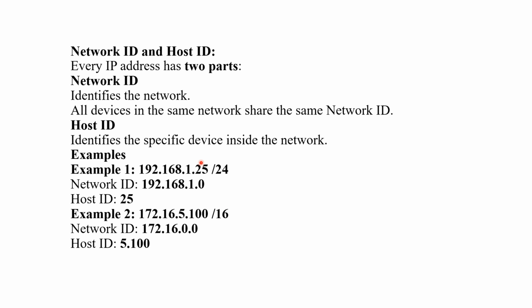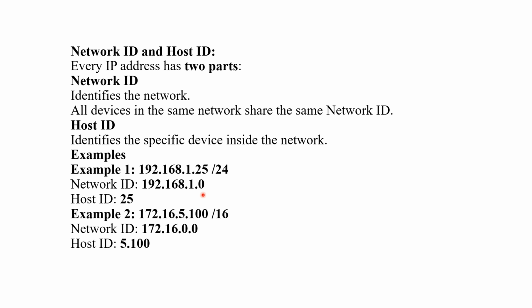For example, this is your IP address. It has 2 parts, one part for network and the other part for host. This up to 1 is your network ID, and with this 25 you recognize the host. The network ID is 192.168.1.0.